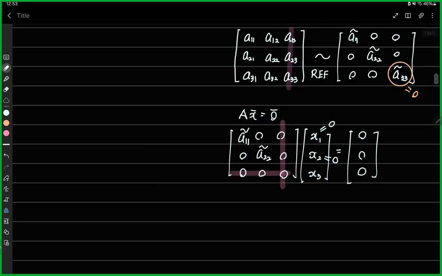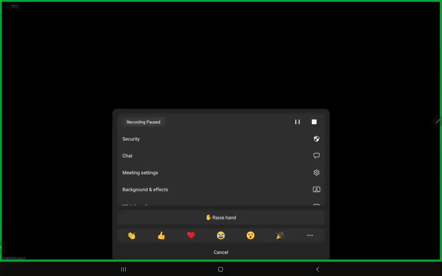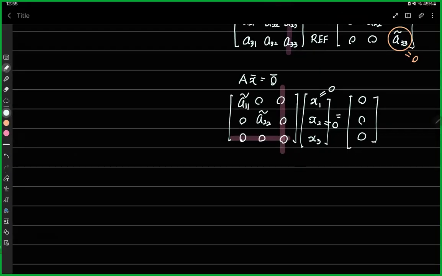Let's see example 2 in the textbook, section 1.5. The question is this: a single linear equation can be treated as a very simple system of equations.